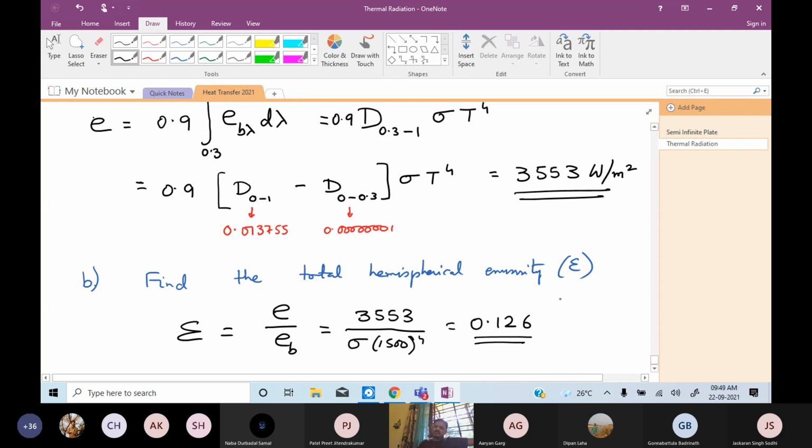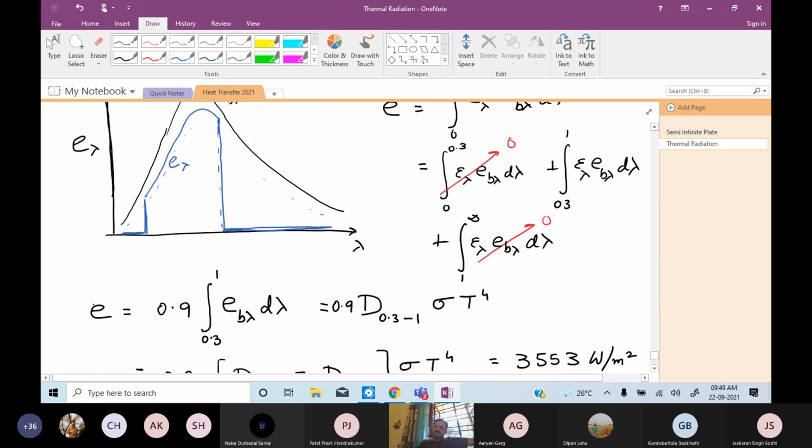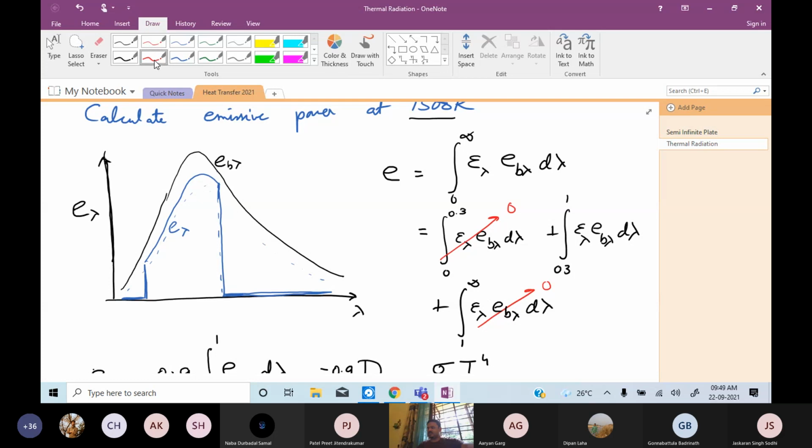Certainly not, because if I plot 0.126 on this curve, it would go something like this. Even more actually.